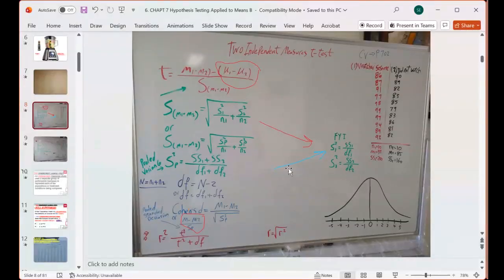You can use that pooled variance for both variance 1 and 2, instead of calculating each individually.